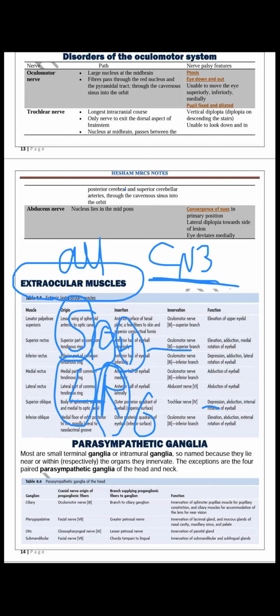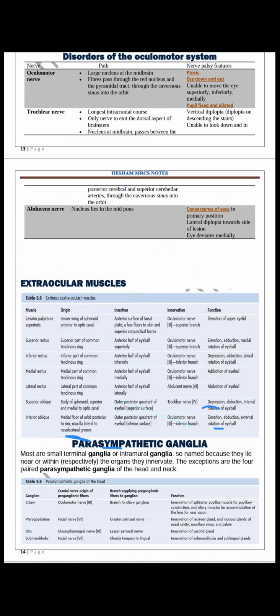LR6 is lateral rectus by 6, which is the abducent. So keep this. All extraocular muscles are supplied by cranial nerve 3, oculomotor, except SO4 and LR6. Superior oblique by trochlear, and lateral rectus by abducent.